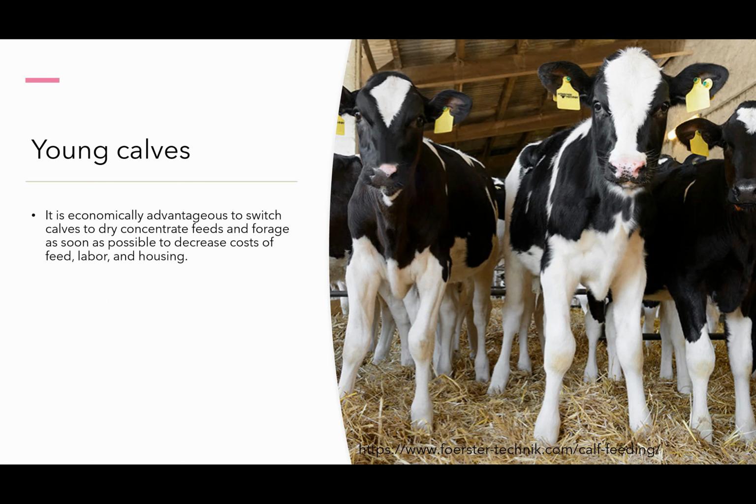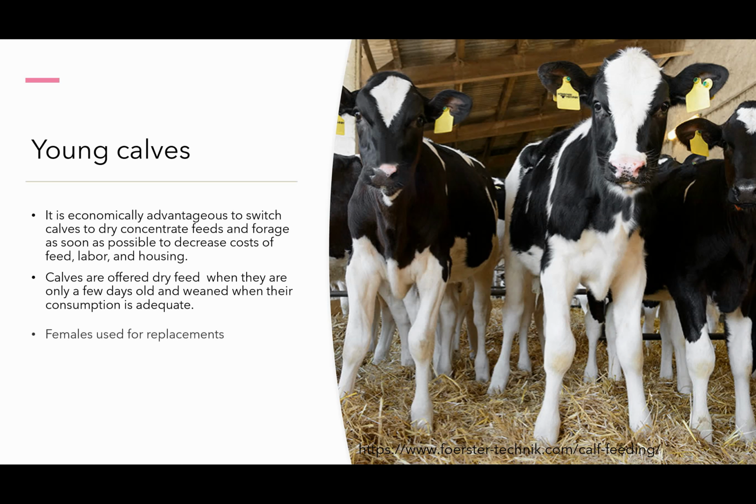Now, again, the problem with this is the fact that they do have that monogastric stomach at first, so there has to be a transition in the gastrointestinal tract. Again, they're offered dry feed early and then weaned once they will consume enough of the dry feed.